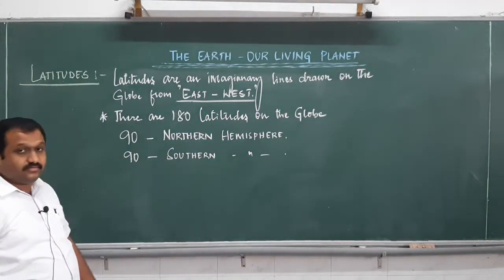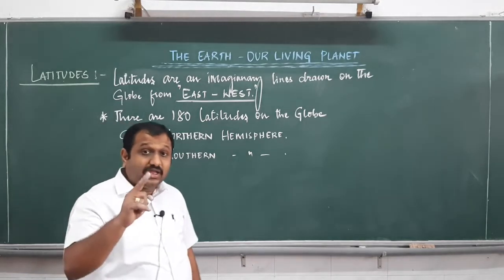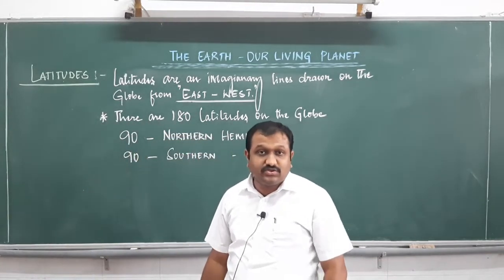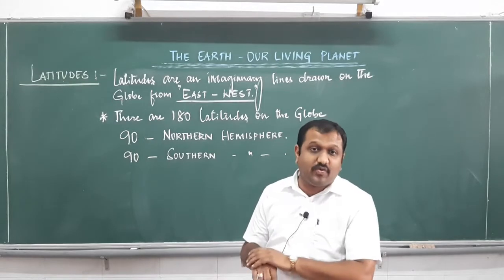Totally 180, but there are 181 latitudes on the globe, including the equator.